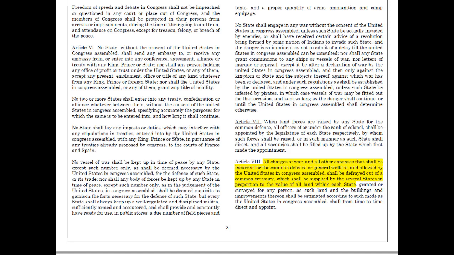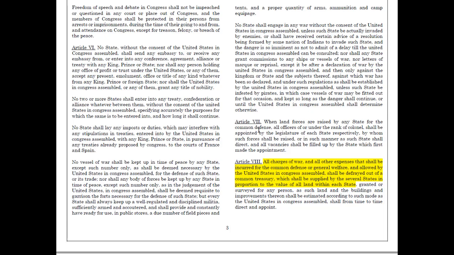Notice here that the Continental Congress has no power to tax. At the bottom, on Article 8, at the bottom of the right-hand column of page 3: all charges of war and all other expenses that shall be incurred for the common defense or general welfare and allowed by the United States in Congress assembled shall be defrayed out of a common treasury, which shall be supplied by the several states in proportion to the value of all land within each state.